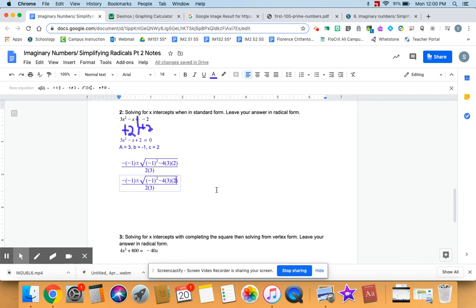That needs the i. So -1 squared means -1 times -1, which just happens to become +1. And then -4 times 3 is -12, times 2 becomes -24. So I knew from this step that this was going to be imaginary, because 1 squared is way tinier than whatever this is going to be, because 1 times 1 is just 1.